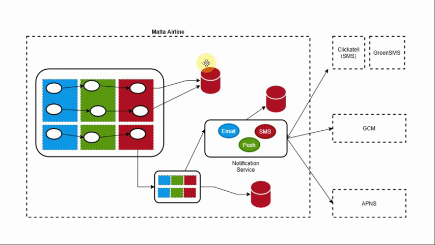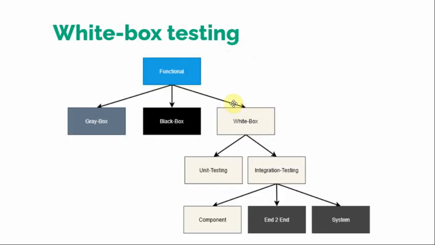So that's how the division of the testing is for white box testing: unit testing and integration testing. And integration testing unlocks for us, it allows us to group different units together.